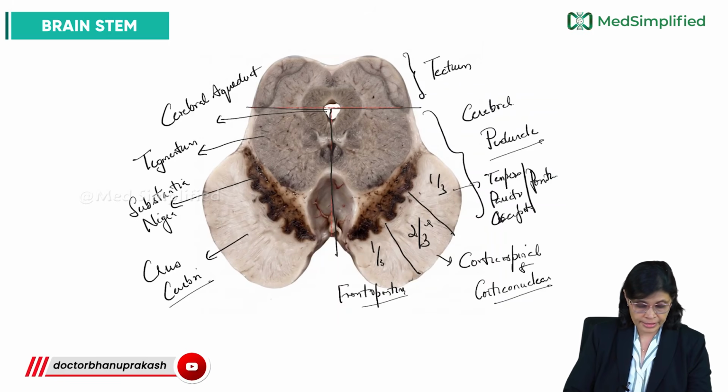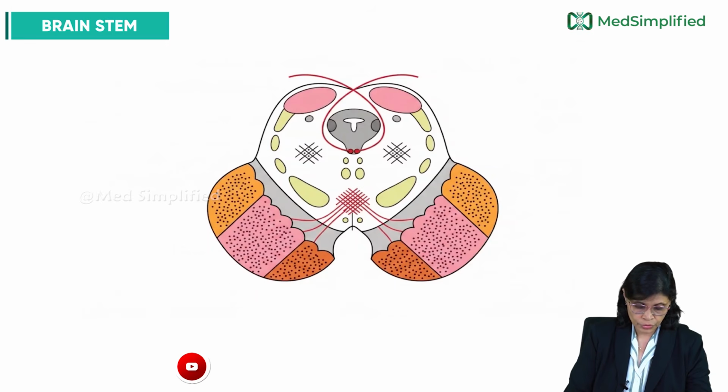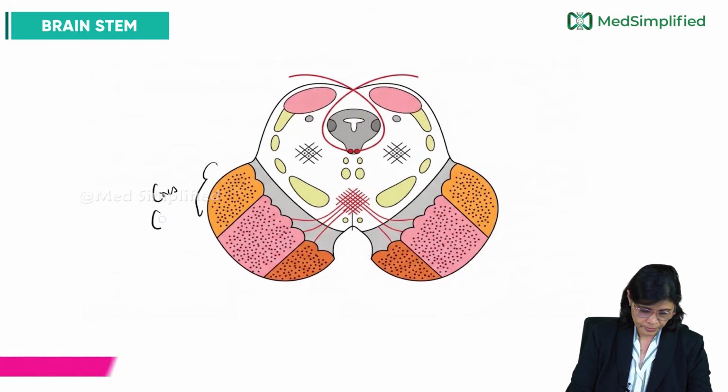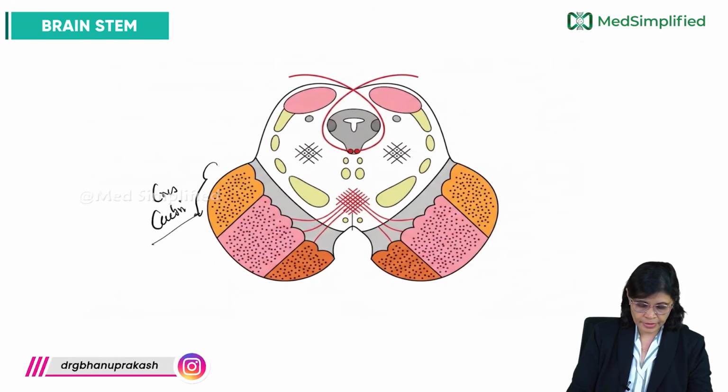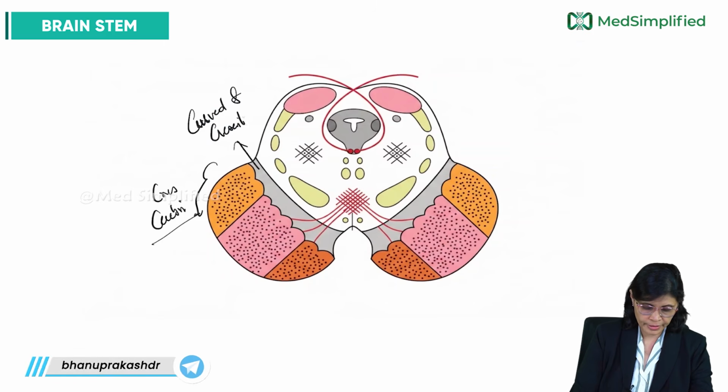Then we have the substantia nigra. So this was the crus cerebri which we just learnt, and next we come to the substantia nigra. If you see, it has a curved, crescentic shape.